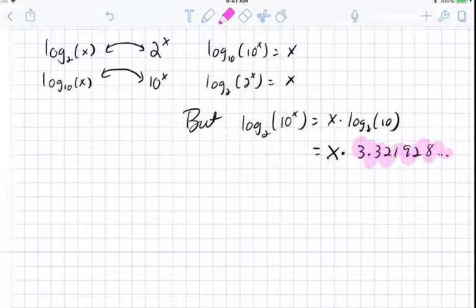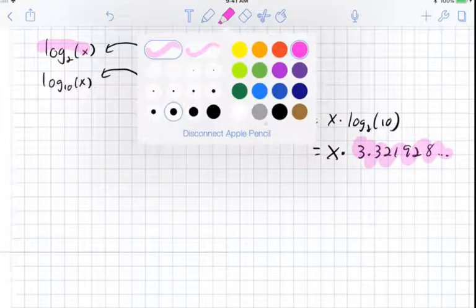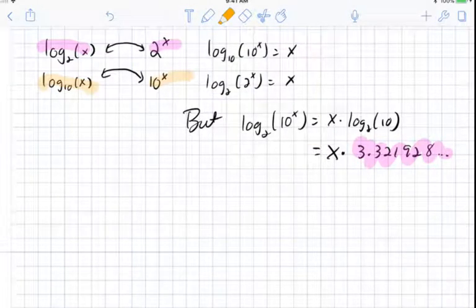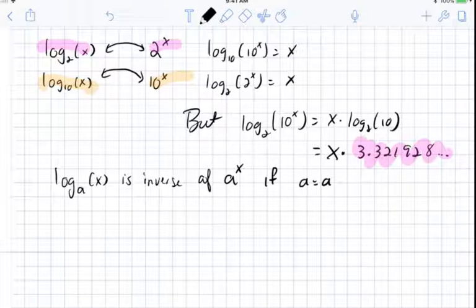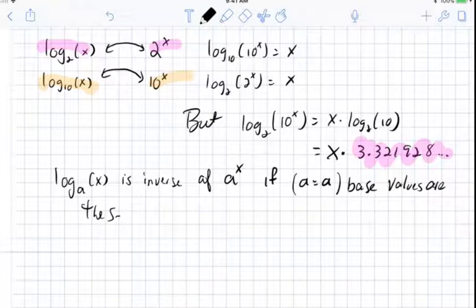So even though these are inverses of each other and these are inverses of each other, it doesn't go the other way. Log base a of x is the inverse of a to the x only if the bases are the same. Okay? So that's super cool.